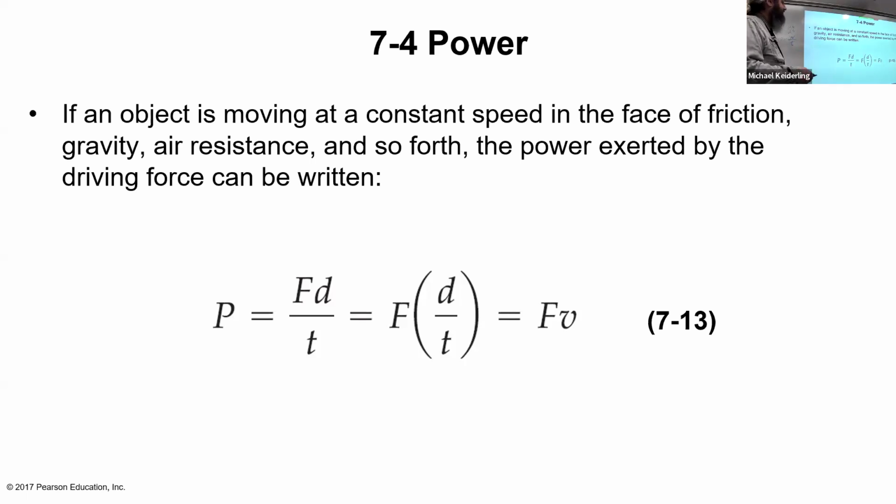Power is force times distance over time, so that's force times velocity. So if you're moving at constant speed, your power is just going to be the force required times your speed, in the face of some resistive force.